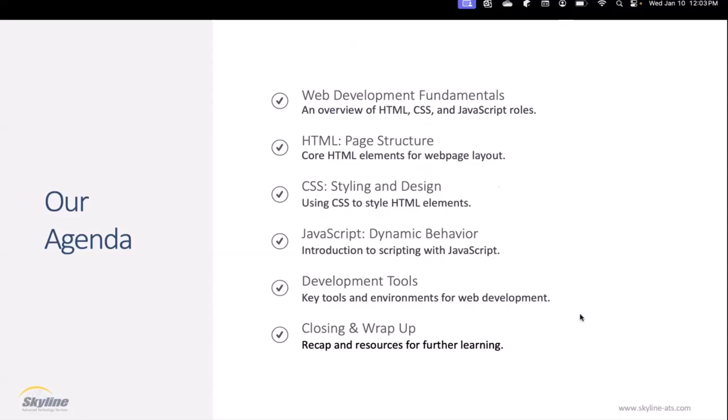And then we'll talk about some development tools that we can use to investigate what's going on our site and view things like the console and network traffic to help debug or possibly reverse engineer some other existing applications or applications that exist within our organization and so on. And then we'll have some closing wrap-up questions and recap resources for the learning.